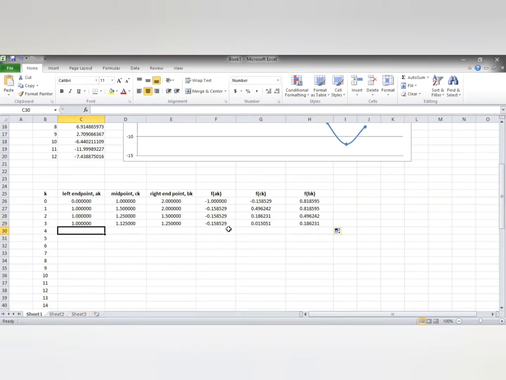Still the root lies between a and c, so our left endpoint is a and our right endpoint is the value of the midpoint, which is c. We can drag again.